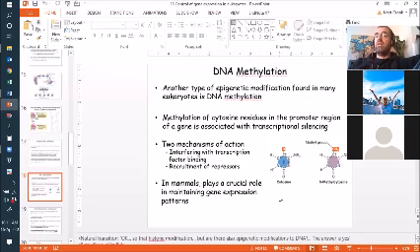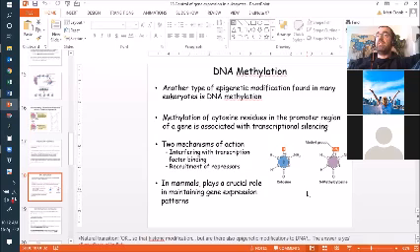Wherever you have a CG, the C or the cytosine can be methylated. And again, it's not an on-off, it depends on how many of those CGs, or those CpG islands, are methylated. So it's again a dial, it's a variation. Depending on how heavily methylated the promoter is, that can affect how readily that gene is expressed.